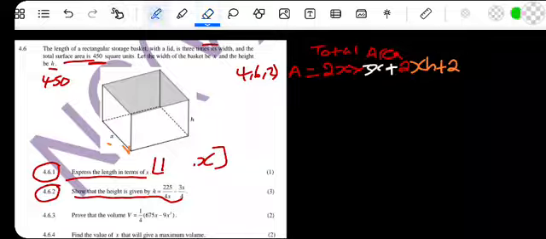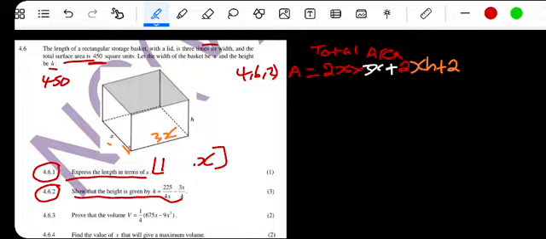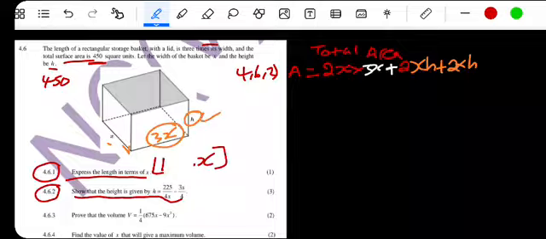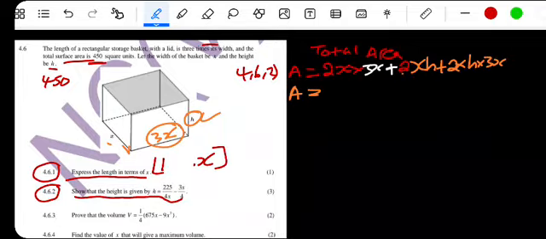So here I have 3x, and the height. I'll use the front. There will be 2 multiplied by h multiplied by 3x. So we'll simplify these.